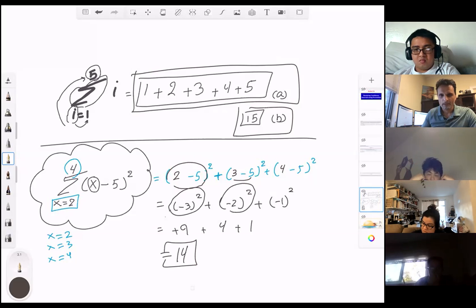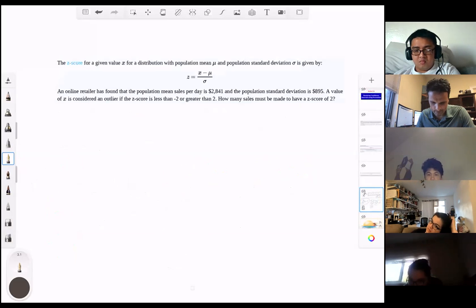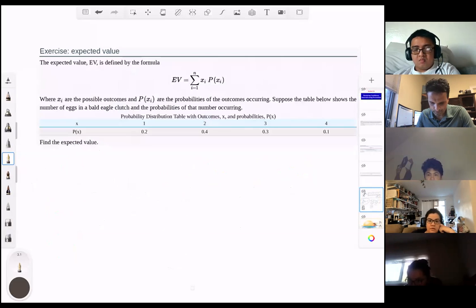All right. So I also have another example related to sigma, which is more complicated. Let's see which one is that. Maybe this one. This one. Yeah. So it looks like a complicated formula that we're going to learn in this course in the statistics part.